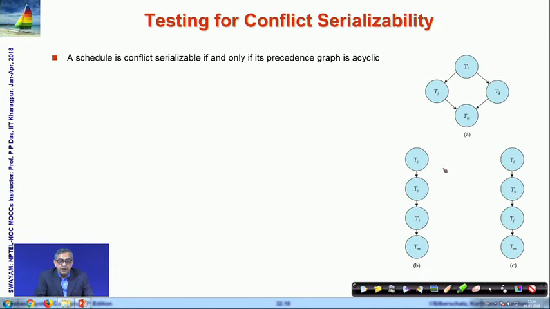But if there is a cycle, then naturally I cannot put any of the transactions on the cycle at the beginning and put the others on the later part; things will obviously always conflict.